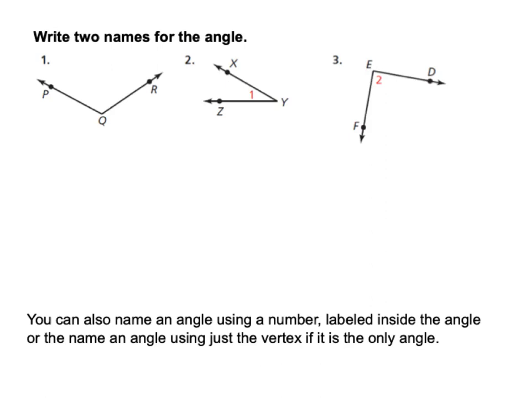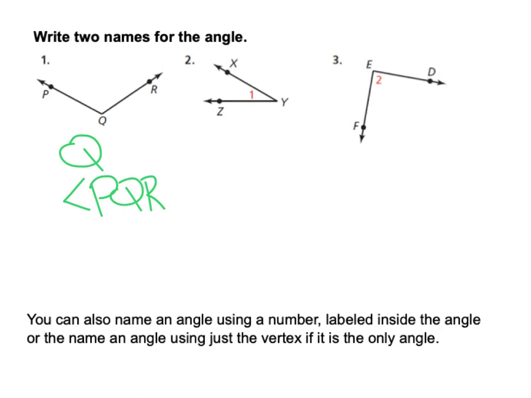Okay, so let's take a look here. Down here it says you can also name an angle using a number labeled inside of the angle, or just the letter of the vertex if the vertex only has a single angle coming out of it. So number 1 here, we could name it angle Q. We could also name it angle PQR.